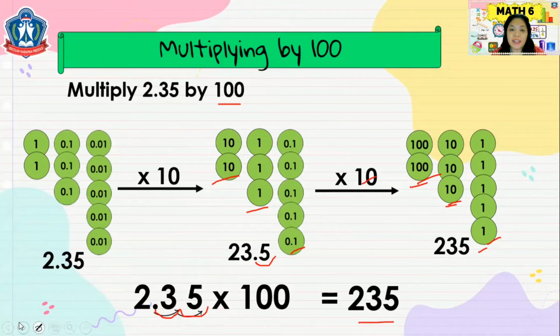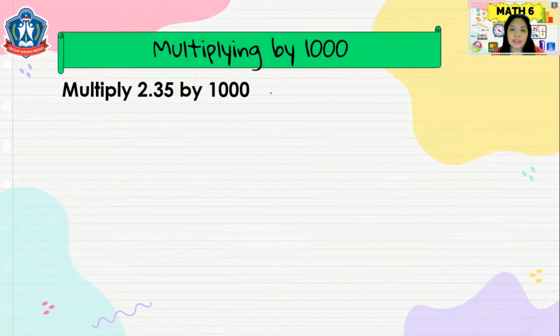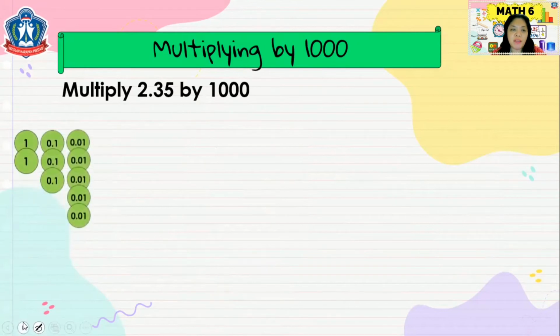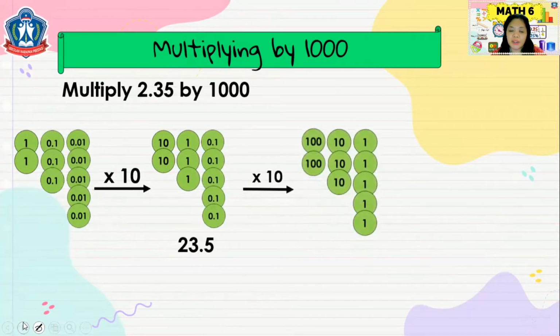So if we multiply this one by 1000, so 2.35 multiplied by 1000 is simply as multiplying by 10 three times. So 2.35 times 10 is 23.5. Times 10 again, as you remember, 235. Now let's multiply by 10 again. 200 times 10 is 2000.